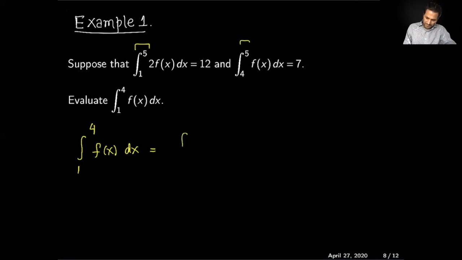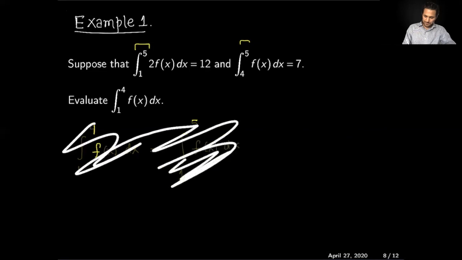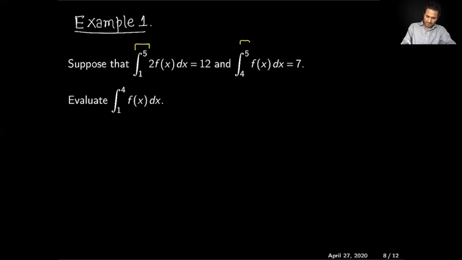So if I write down the net change from 1 to 5, then I'm adding the net change which is equal to minus 4 to 5. So let's do it this way. Let's start from here.